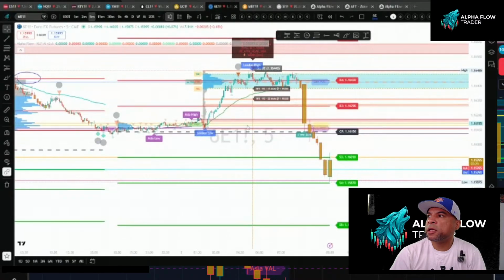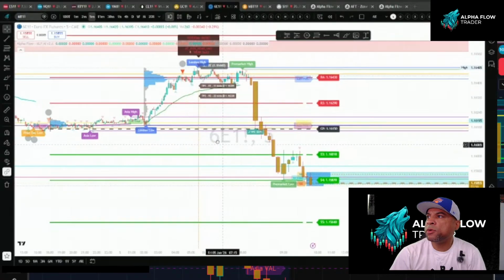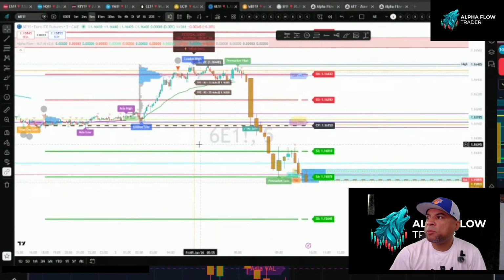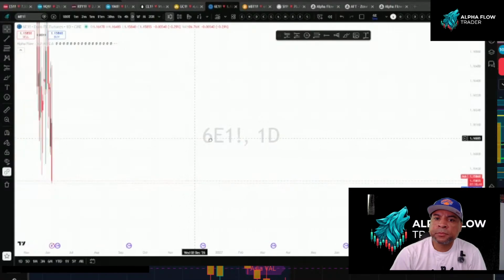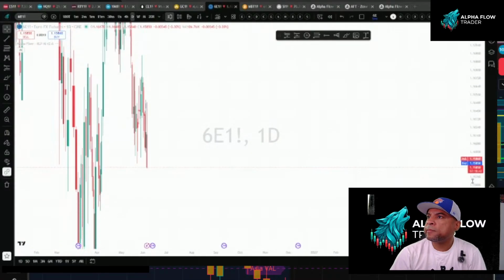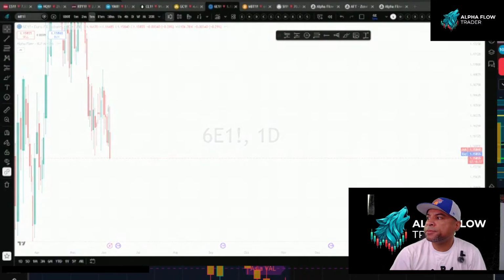Let's take a look at Euro, our last one. Don't get too much action on Euro, but we have had a couple of trades in the past couple of weeks. All right, so Euro is an outside day as well, which means our 4 levels and up are in play.